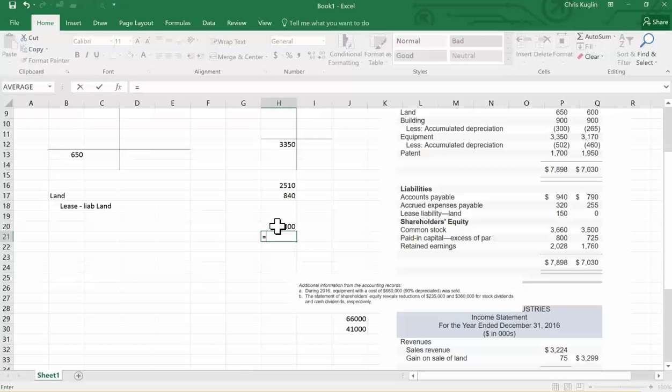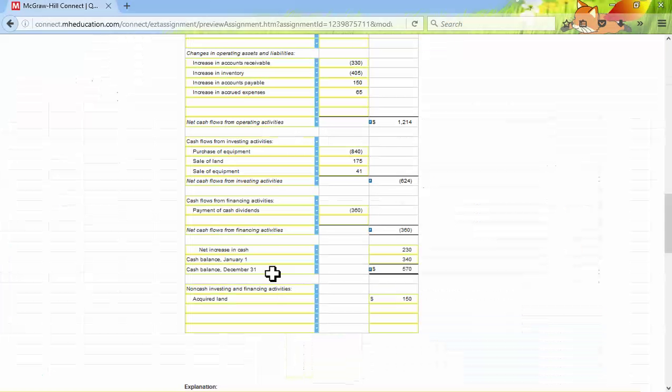If we take the 66,000 minus the loss of 25,000 on our income statement, because we have to factor that in our investing, that means the cash that flowed in on the sale of that piece of equipment was 41,000. Let's look at the author's answers. And there it is. We've got the sale of equipment of 41,000. So we have accounted for that inflow on the equipment here.